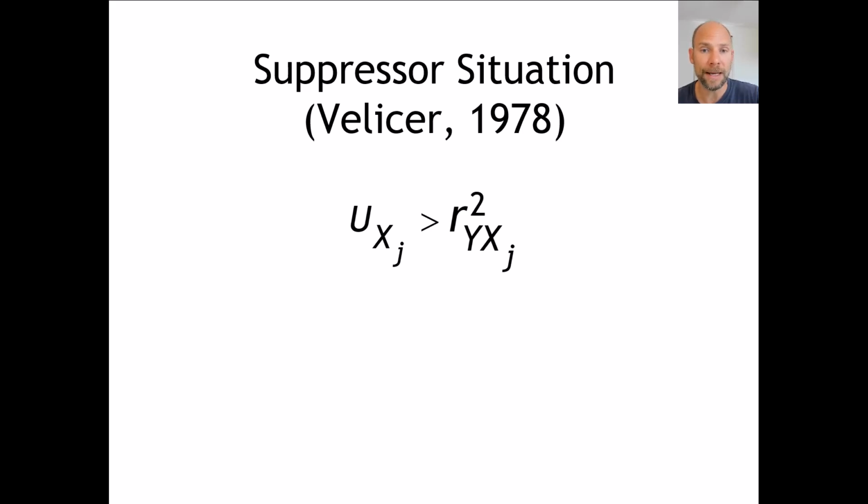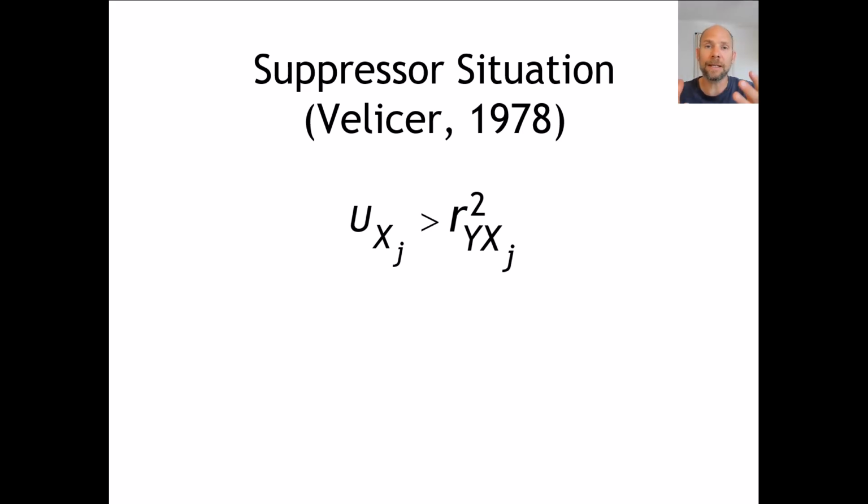Notice that on the right hand side we now have a zero order squared correlation between y and that predictor, whereas on the previous slide we had the squared semi-partial correlation. So when we partial out another predictor, and that utility, that squared semi-partial correlation, is greater than the squared zero order correlation where we do not partial out a second predictor, then we have a suppressor situation.